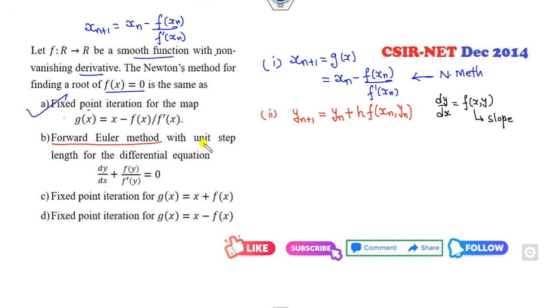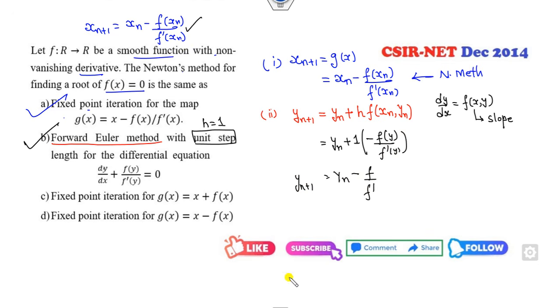Now the unit step length h is 1, so I can substitute this value. What is f? f is my dy/dx. Can I find the value of dy/dx? It's minus f over f'. So clearly y_n minus f over f', which is the same as this part. Yes, B is also the correct answer.